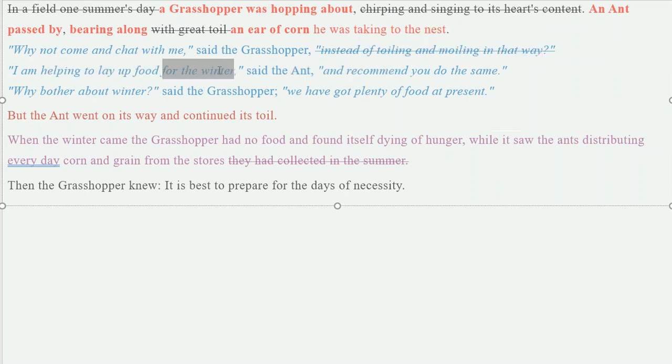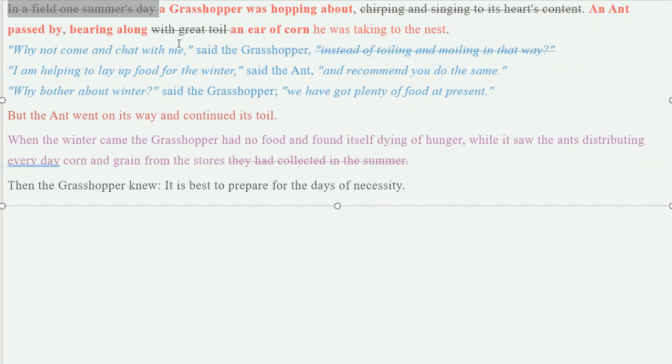Oh, it's for the winter. Once we removed the summer, we didn't know what was going on until here the ant told us. It was for the winter, which means we now, as a reader, once we removed summer from here, had to guess. The situation was happening in summer, right? So once we remove this, we don't know when the ant was carrying the corn, right?